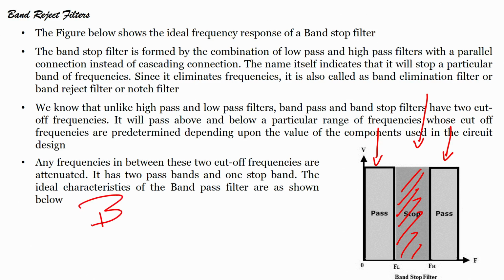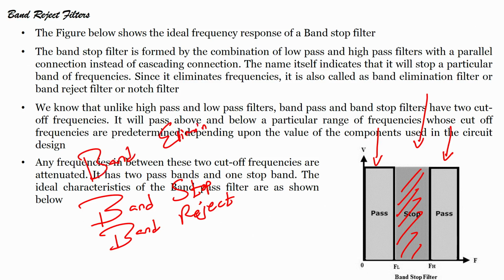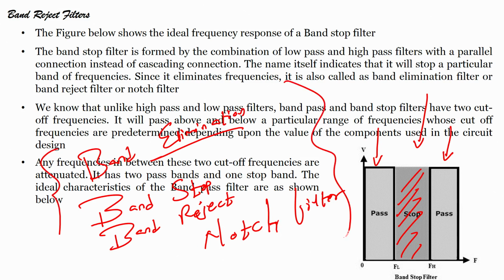Let us write down: band stop filter, band reject filter, band elimination filter, also called notch filter. You see 4 different names for band reject filter: band stop, band reject, band elimination, notch filter.